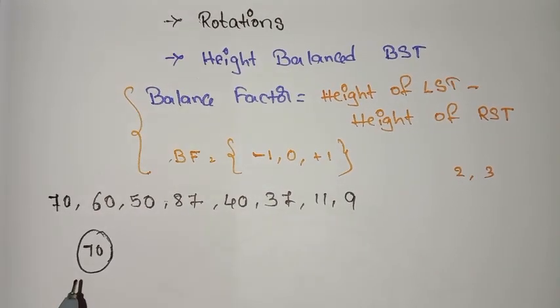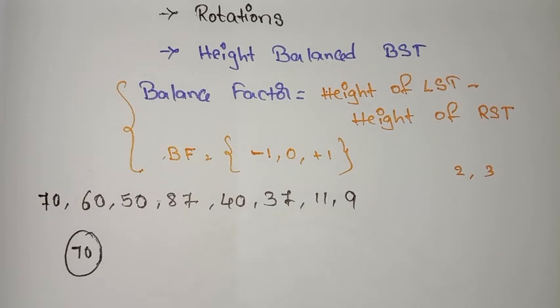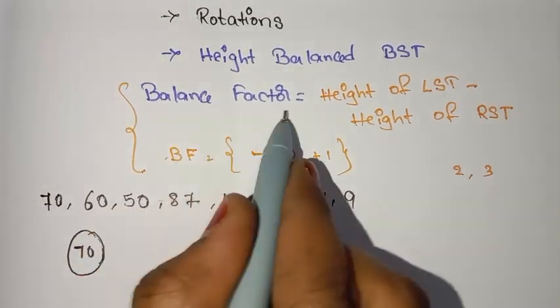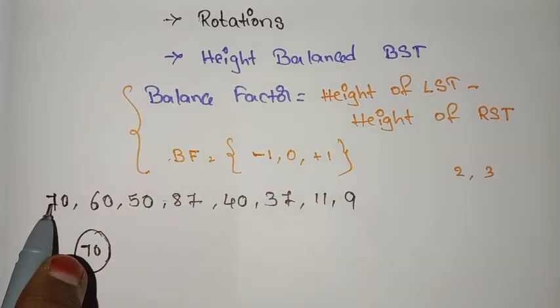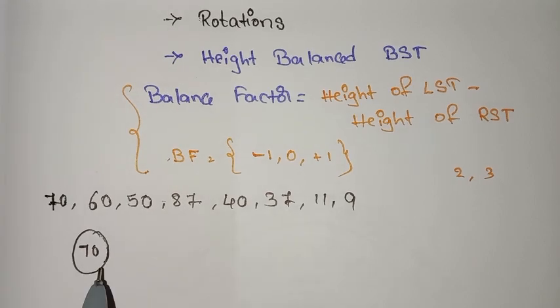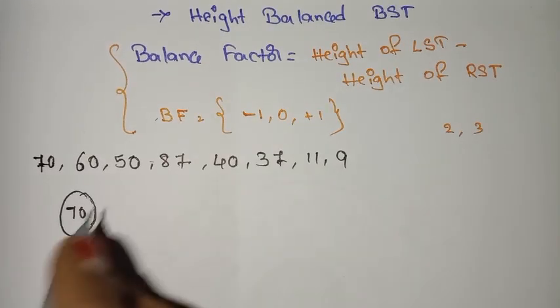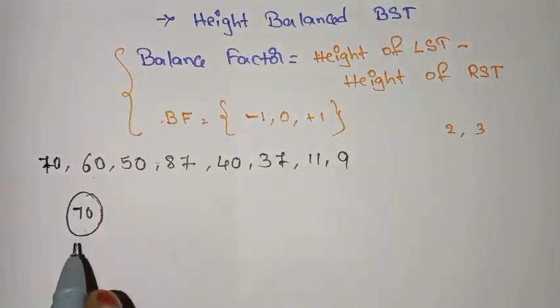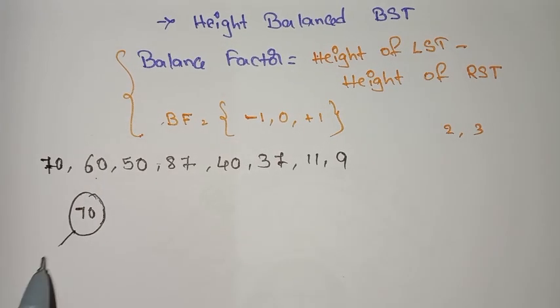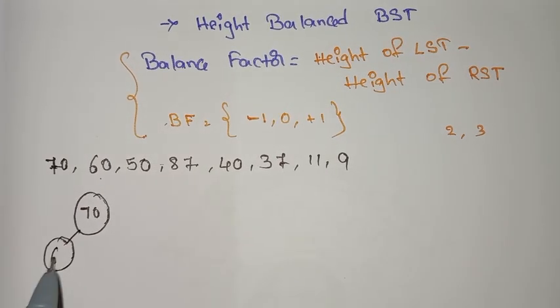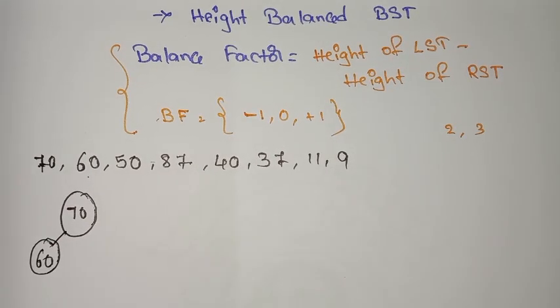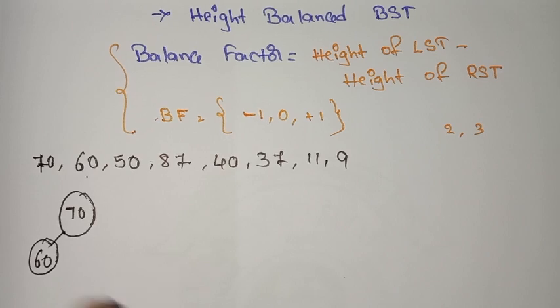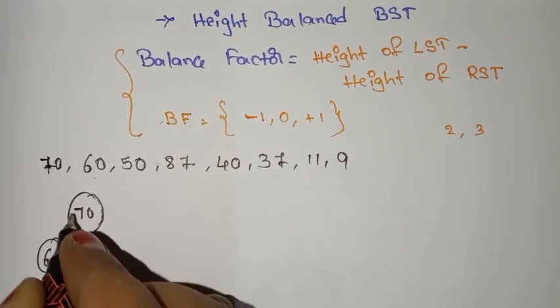Step by step, at the time of constructing the binary search tree, I am finding this balancing factor. For 70, I have inserted that node, so it will be the root node. Now 60 is less than 70, so it will move to the left side. Now I will show how to find the balance for 60 and 70.